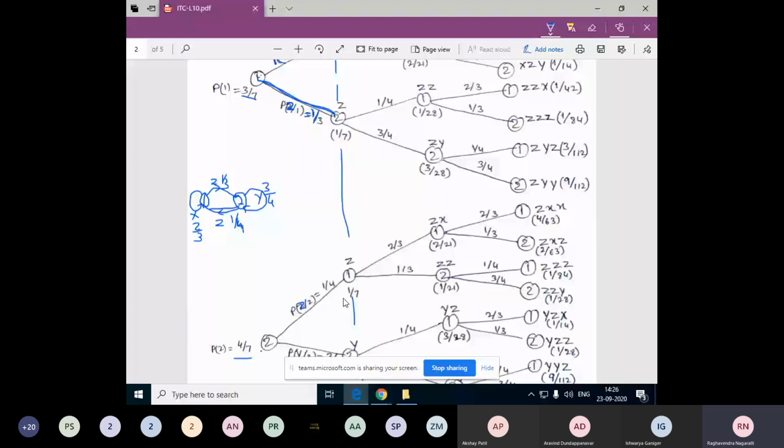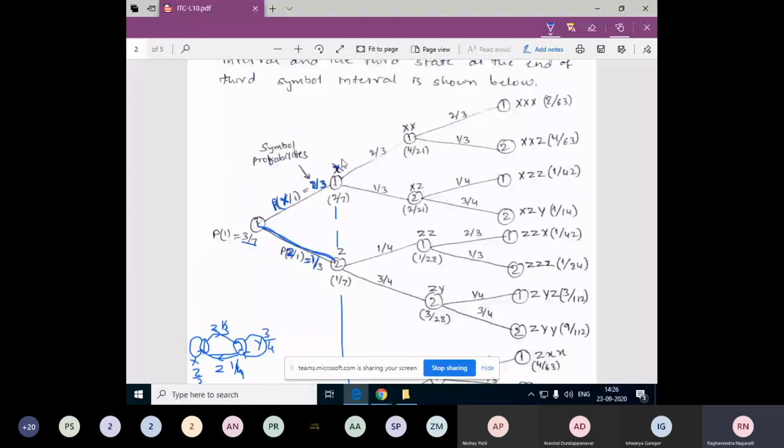Here, what are the symbols emitted? Here we have X. In this transition we have the Z symbol emitted, and in this transition we have the X symbol emitted.